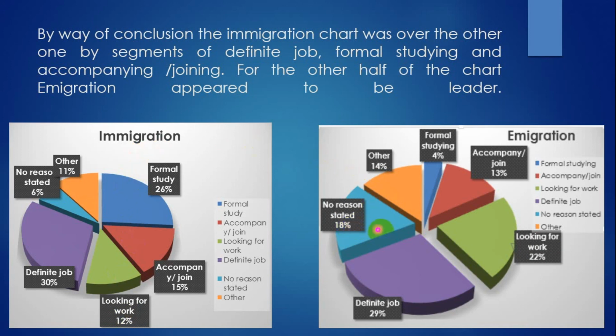And no reason stated was 18% for emigration, and it was only 6% for immigration. And the last one, which is called other, was 14% for emigration, and it was 11% for immigration. Therefore, emigration seemed to be leader.